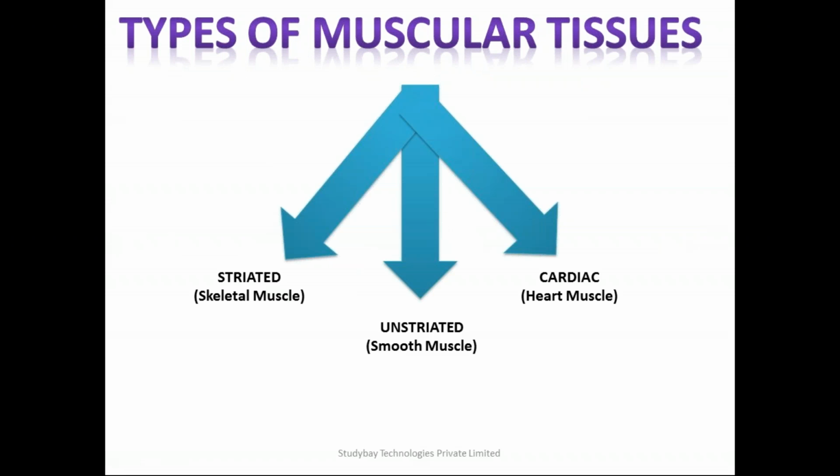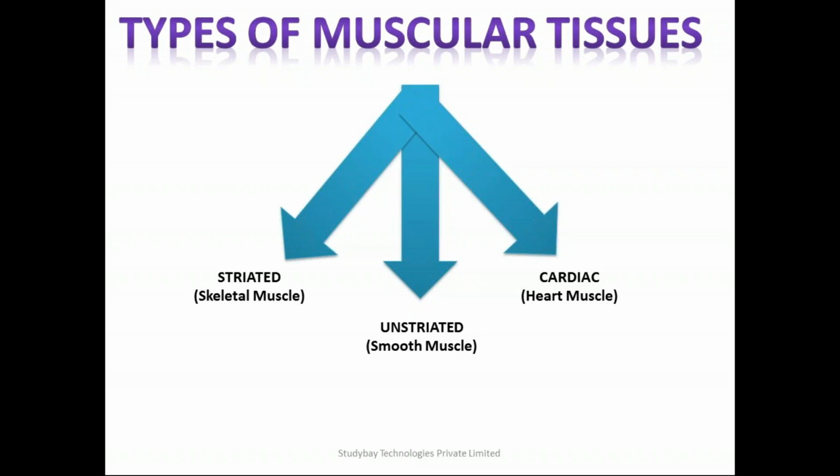Now, moving forward, types of muscular tissues. These muscular tissues can be classified into three forms. First one will be striated muscles. Then we have unstriated or smooth muscles and cardiac muscles. Striated muscles are generally like skeletal muscles.